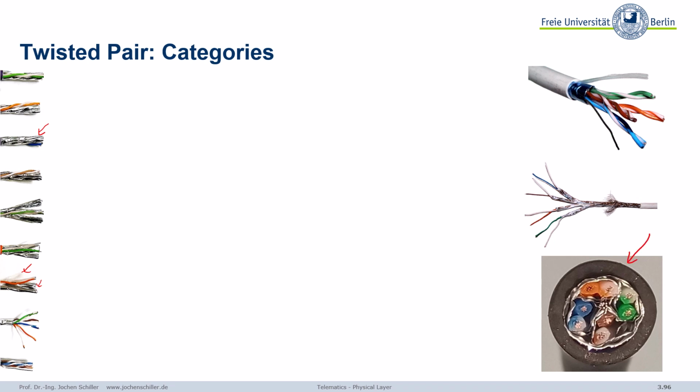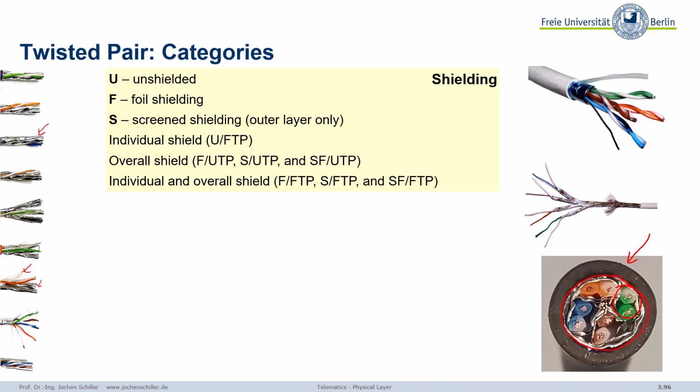Here on the lower right-hand side, you see there's a foil, we also call this a shielding, around everything, and then an individual shielding. And the more shielding you have, the better you can protect your twisted pair from the influence of the environment. So one important thing, if we look at different categories, is the shielding.